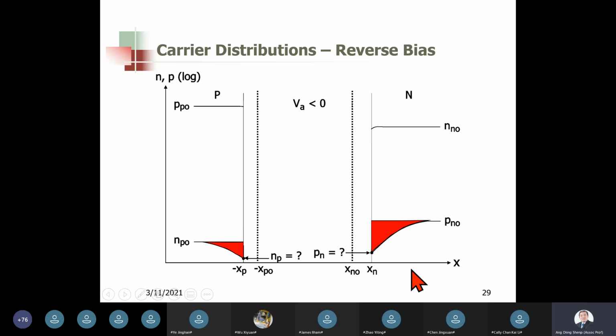Okay, all right. So I think with this explained, there shouldn't be any potential misconception arising from these few diagrams. So now let me proceed to derive an expression for the new minority carrier concentration at the depletion edges under an external applied voltage.